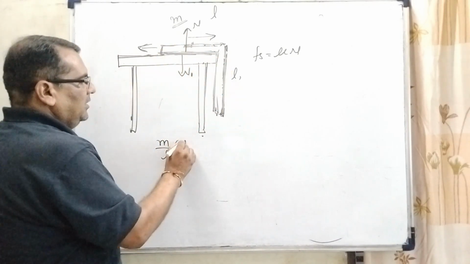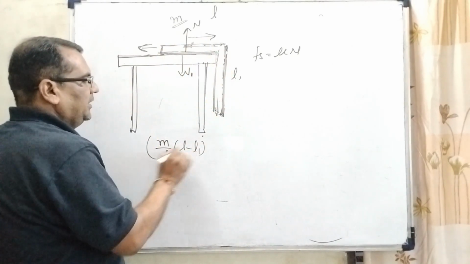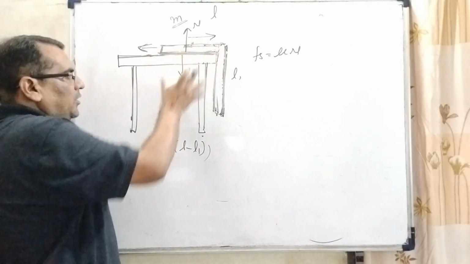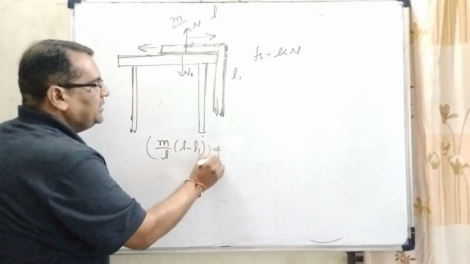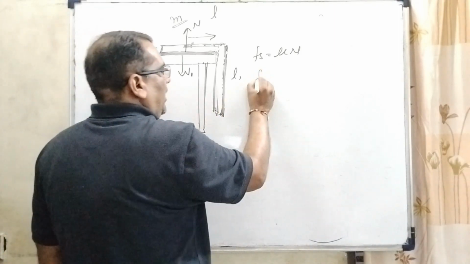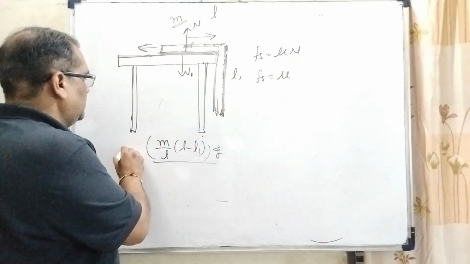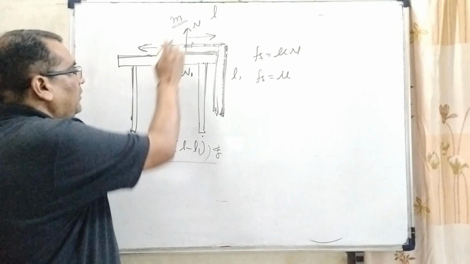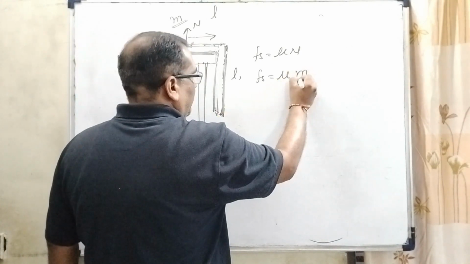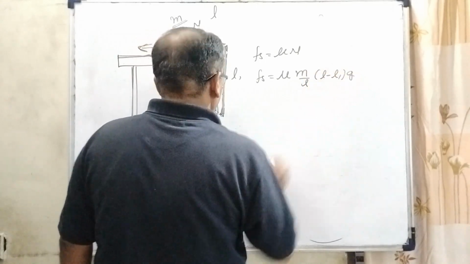Total length is L and this part is hanging, subtracting. So we get mass of this rope which is lying on the table, and multiply by g. Now it becomes weight. So here Fs equal to mu, in the place of normal force, because this weight is equal to normal force. So substitute this value, m by L into L minus L1 into g.